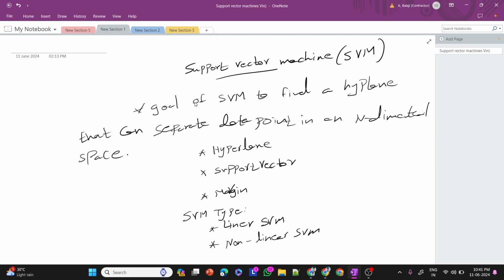So SVM is mostly used for classification problems. When compared to decision tree and other algorithms, whenever we have data with more dimensions, we can use SVM. It can perform well for a classification problem.